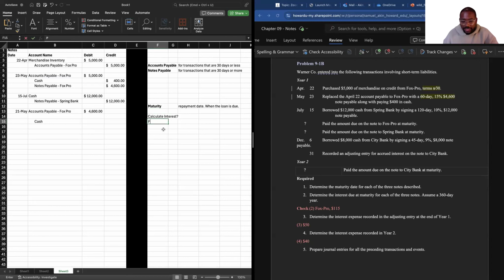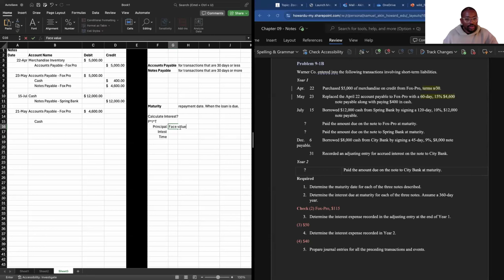So you want to write this down. I tell my students a simple formula to calculate interest is PIT. P stands for principal, I stands for interest, T stands for time. So this is how we calculate interest, with PIT. Principal is the face value of the loan.